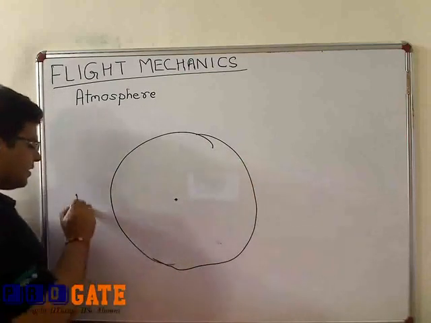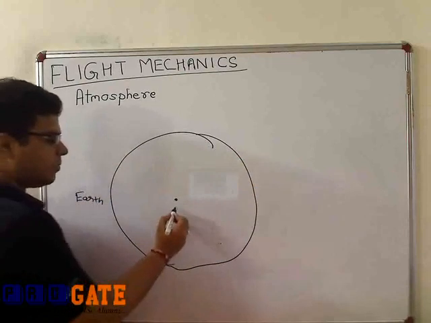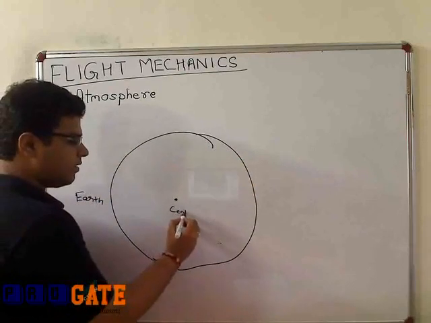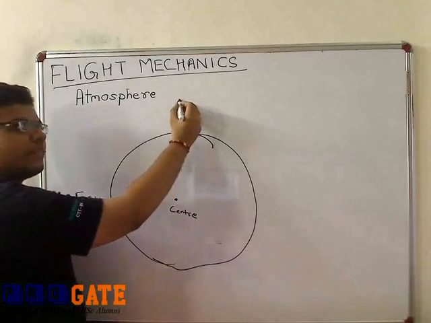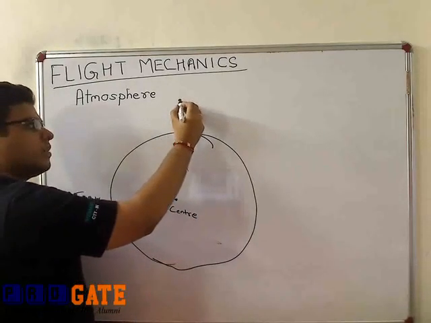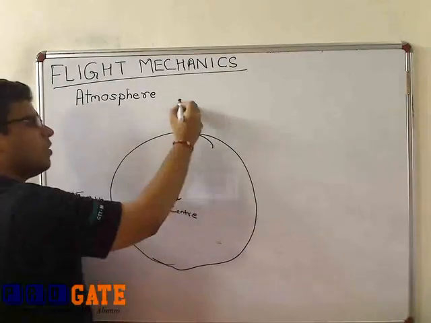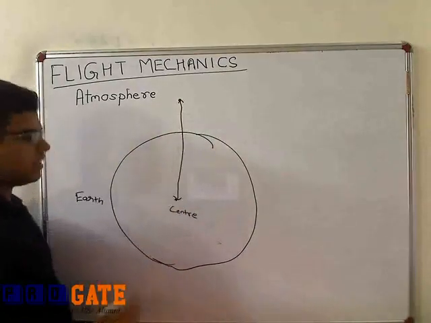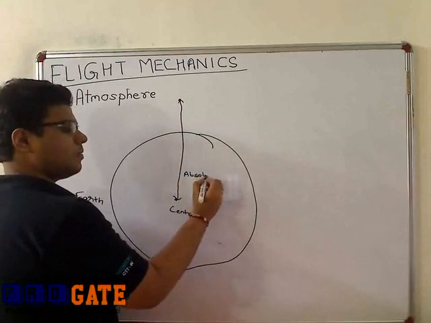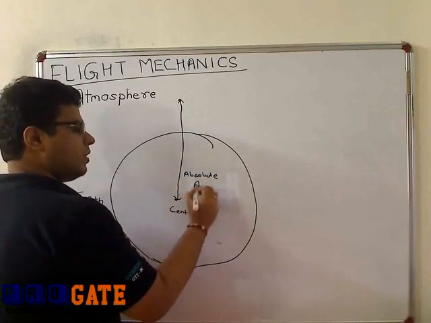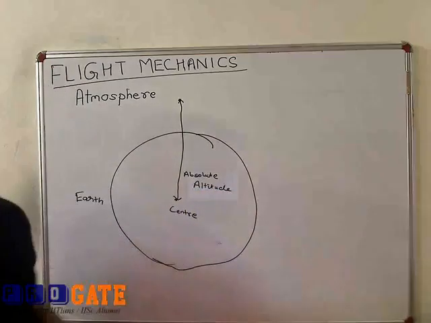So consider this as the earth and this point as the center of the earth. For any given point, the distance from the center of the earth of that point is called the absolute altitude of that point.